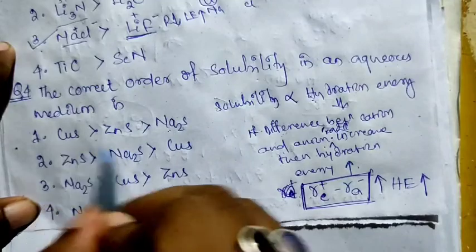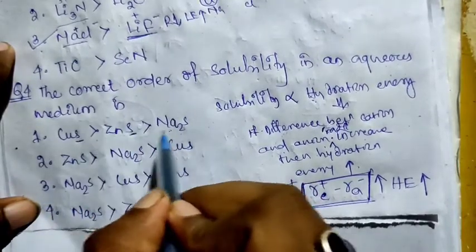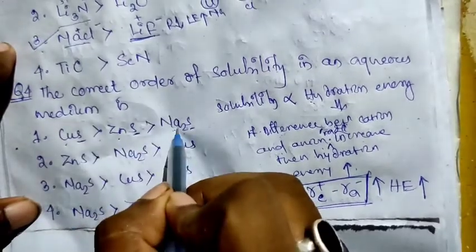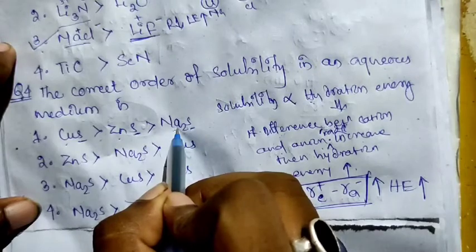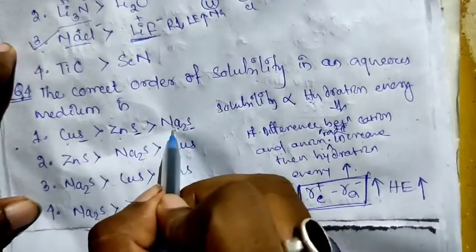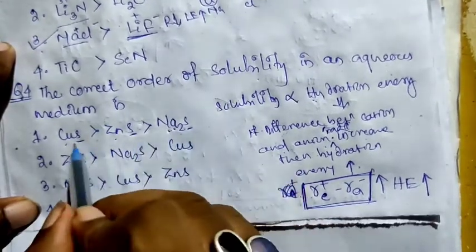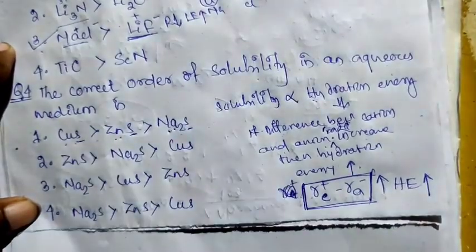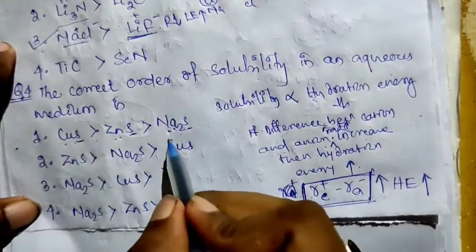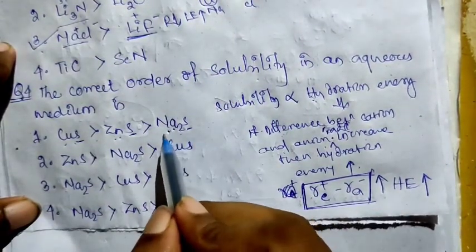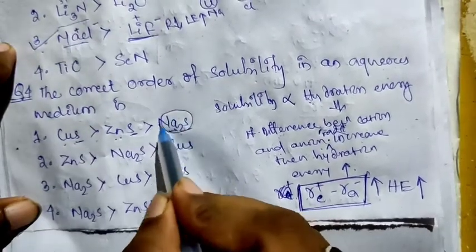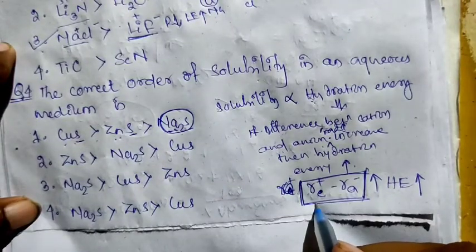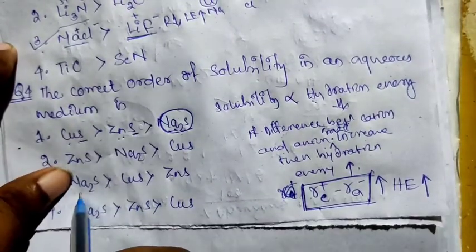In all 4 cases sulfate is common, so we have to check whether copper, zinc or sodium has less size. We know that sodium has more size than copper and zinc, so sodium has more difference in cation and anion radii. Okay, so sodium will be placed first.